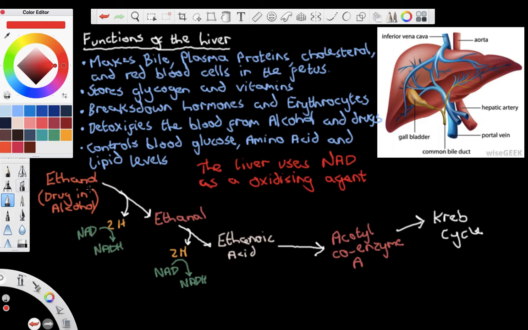The NAD is accepting the hydrogen from ethanol and from ethanal, so it is being oxidized. Therefore, NAD acts as an oxidizing agent. So the liver uses NAD as an oxidizing agent to break down ethanol in the blood.